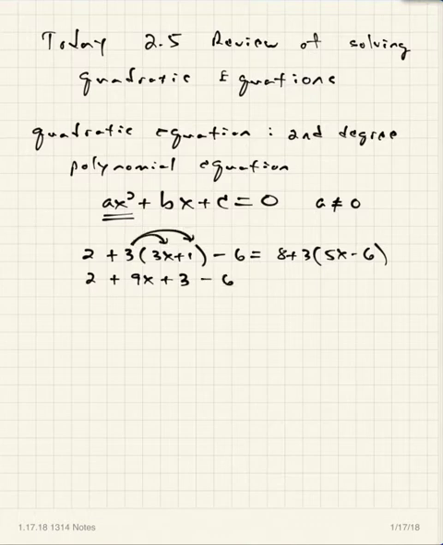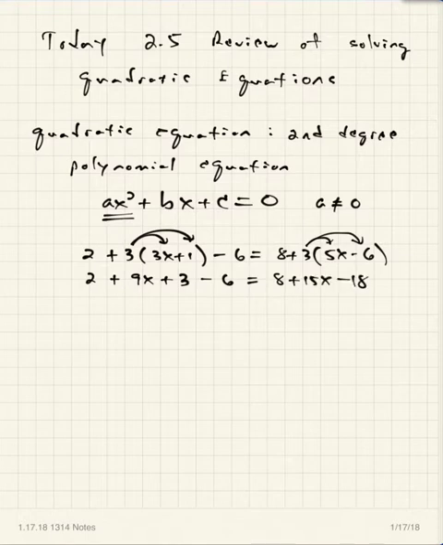Please don't add the 2 and the 3 together, because you're violating order of operations, since the multiplication has to come before the addition. And the same on the right side of the equation: don't add 8 plus 3, because multiplication comes before addition. So this would be 8 plus 15x minus 18.